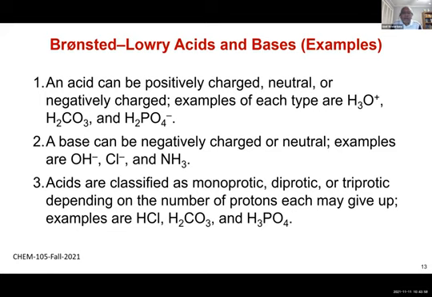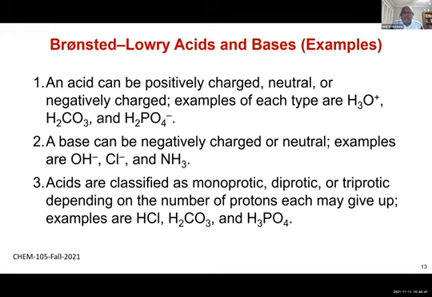Acids are classified as monoprotic, diprotic, or triprotic. That is another description of acids and bases, based on the number of protons. We are talking about conjugate bases, conjugate acids, and the charge on them, and also how many acidic protons are on the acid. HCl is called monoprotic. Why? HCl has only one proton that comes out when it breaks up.